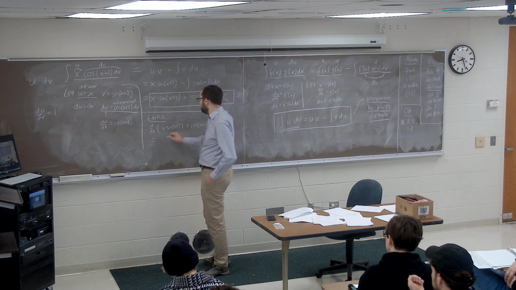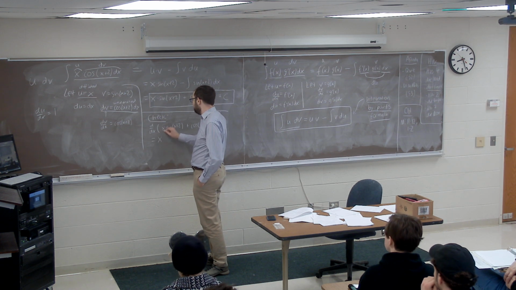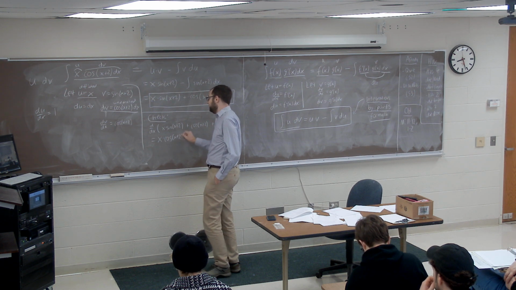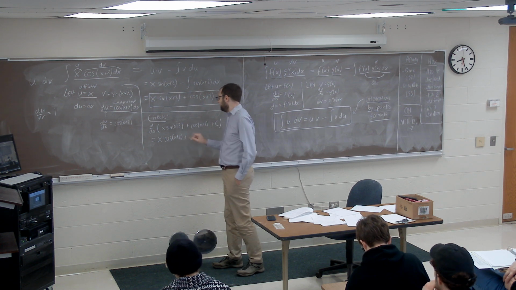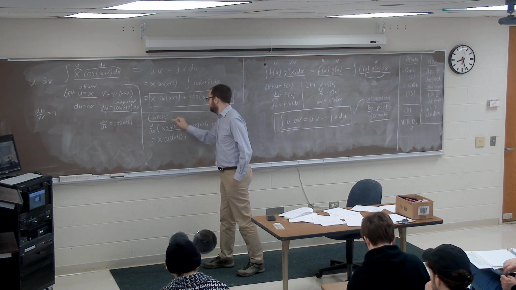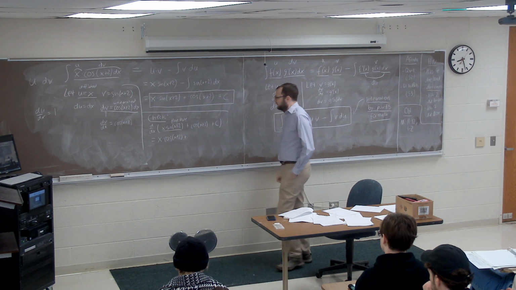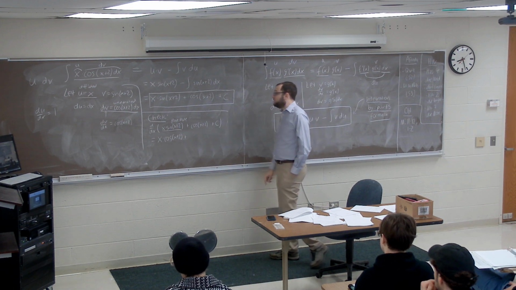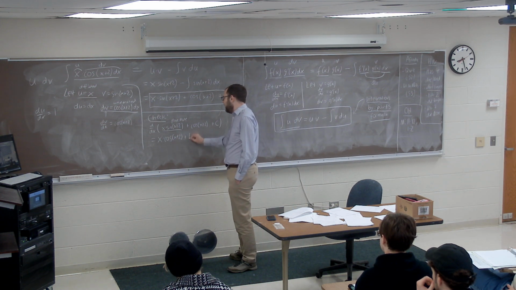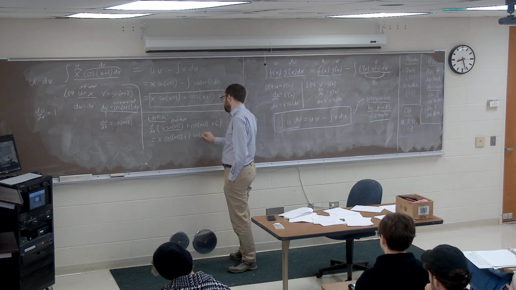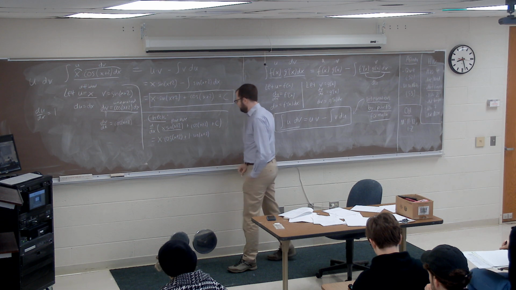We'll get first term times the derivative of the second term, which is x cosine of x plus 2, plus the derivative of the first term, x, which is just 1, times the second term, sine of x plus 2.